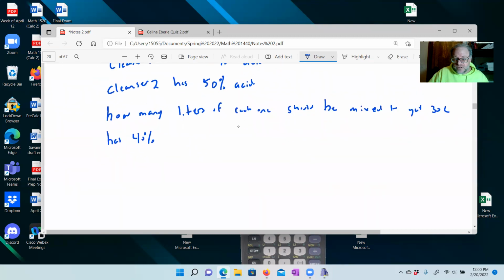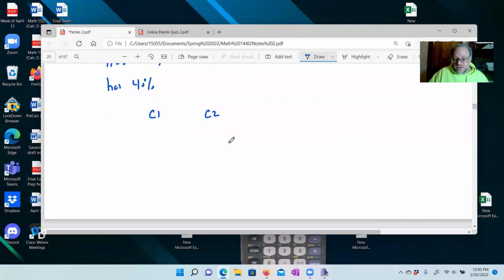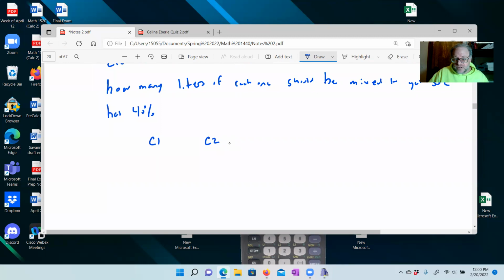So here we go. Now you can use any variables you want. We could use C1 and C2 for the cleanser one and cleanser two. You could use A and B. You can use M and N. It doesn't matter. Okay. But pick some. Okay, so C1, C2 liters of cleanser 1, liters of cleanser 2.